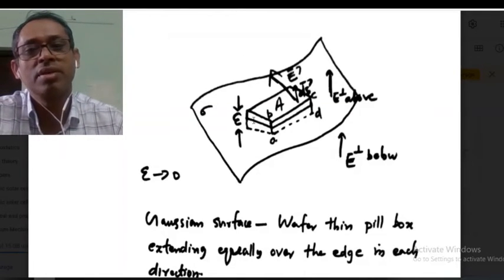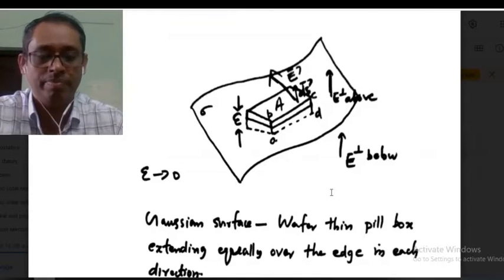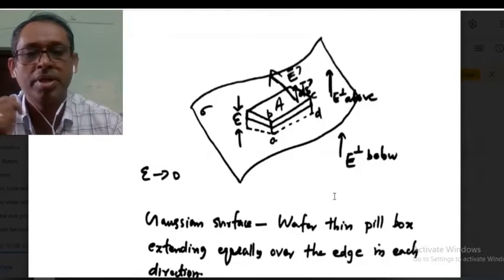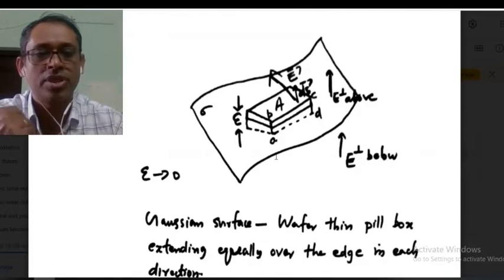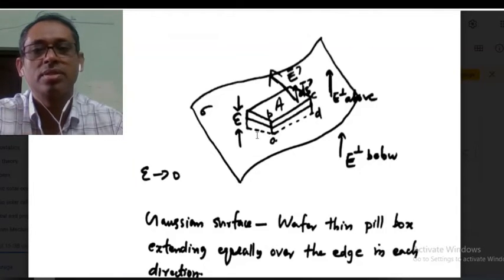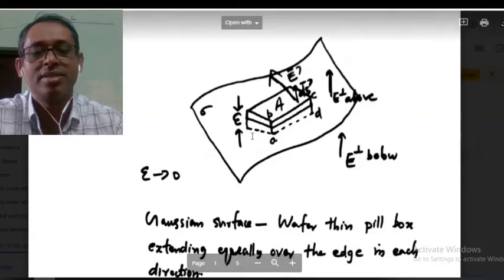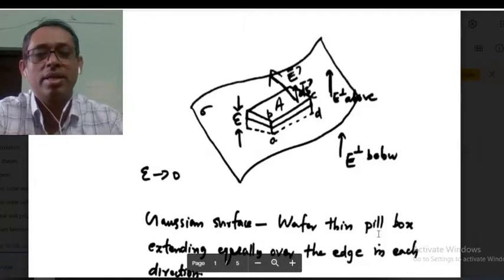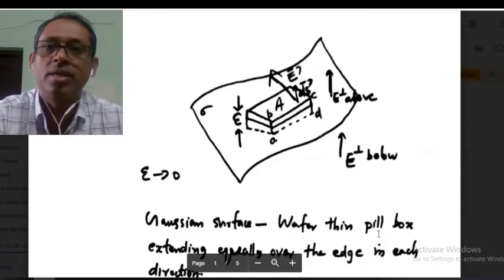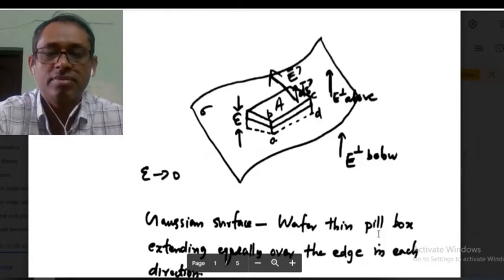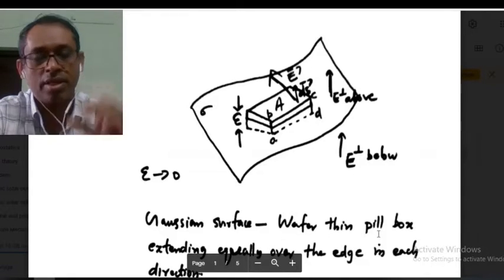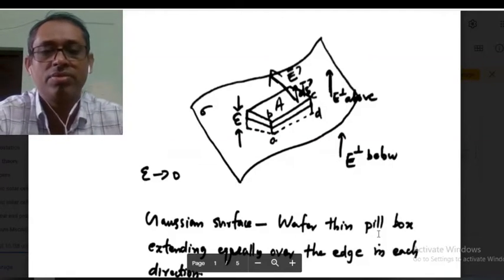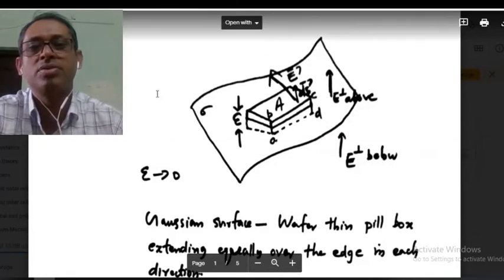The Gaussian surface that we are considering is a thin pillbox, a wafer thin pillbox. This is actually a very thin box extending equally above and below the surface. The thickness of this box is very small.